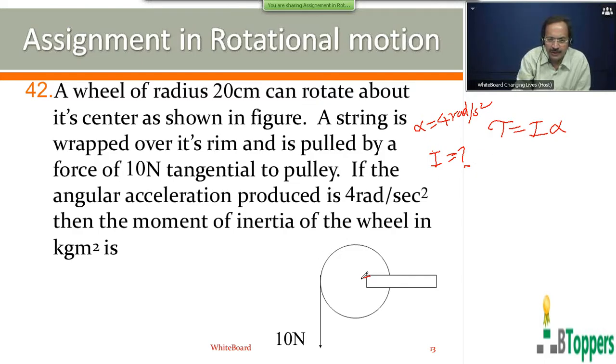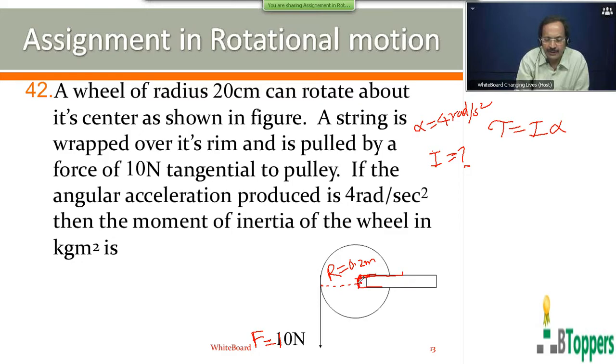The unbalanced torque acting on the wheel is the torque due to the tangential force applied at the end of the wheel, whose magnitude is denoted by F, equal to 10 newtons. The perpendicular distance between the line of action of the tangential force and the axis passing through the center of the wheel is the same as the radius of the wheel, denoted by R, 20 centimeters or 0.2 meters.